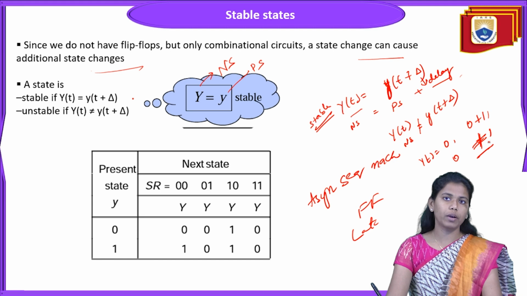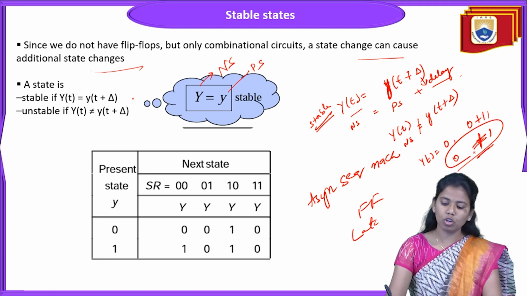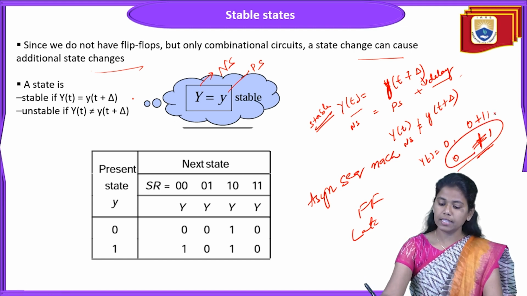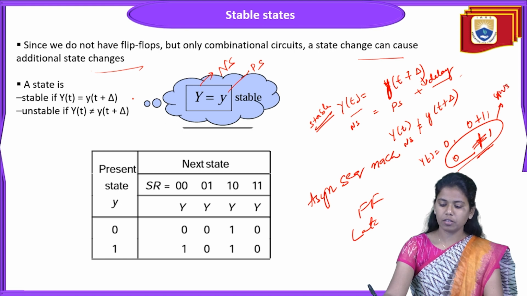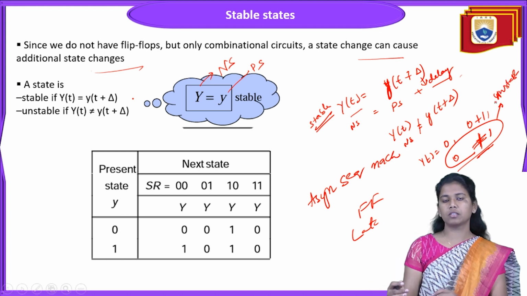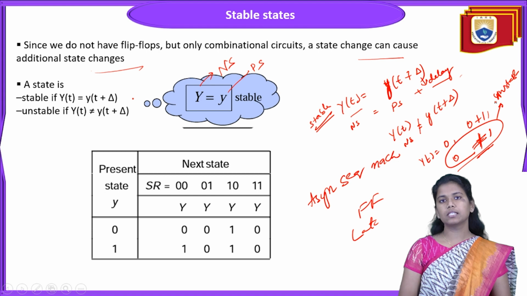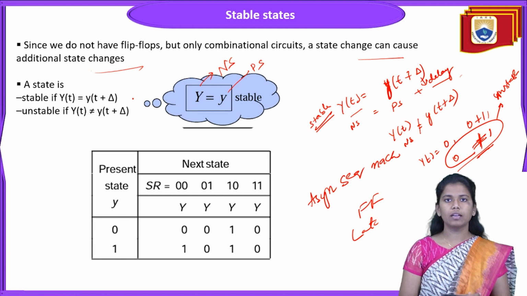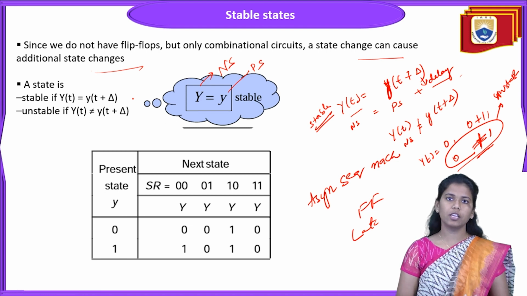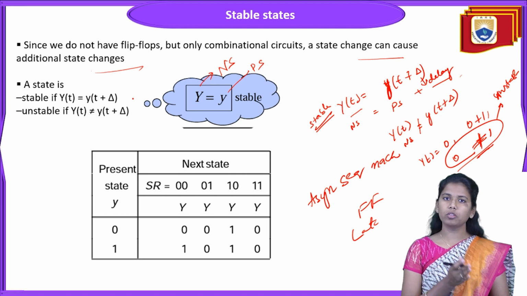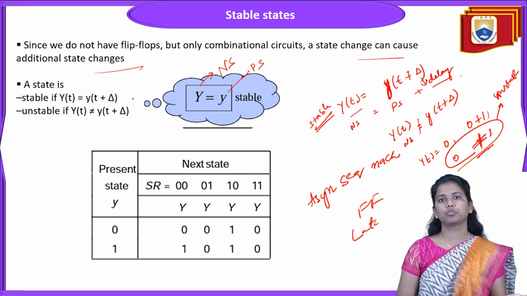There is an inequality, right? This sort of state is nothing but an unstable state. So always remember that the next state in asynchronous sequential machines depends upon the present state, followed by some time delay.